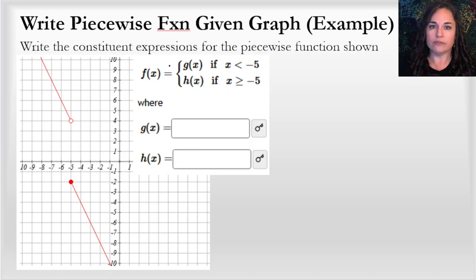And so what we can see for this function is there's two different parts. There's a portion less than negative 5 and a portion greater than negative 5 on the domain, right? That's what this is saying here. And we need to figure out what are those two expressions for those pieces of that piecewise function.